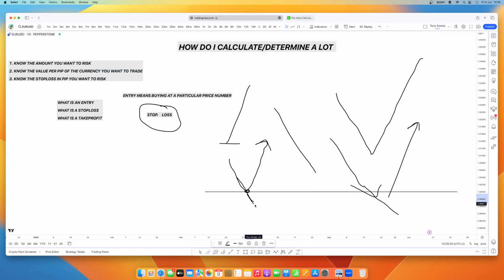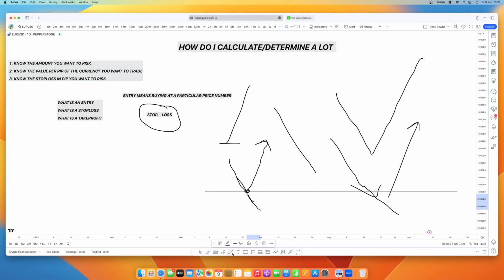So now, how do you stop your loss? You can either close it manually or initiate a stop loss order. What that means is you have placed an order to your broker that, okay, if price continues to sell down to, let's say, 0.9960, please stop me out. That's it.